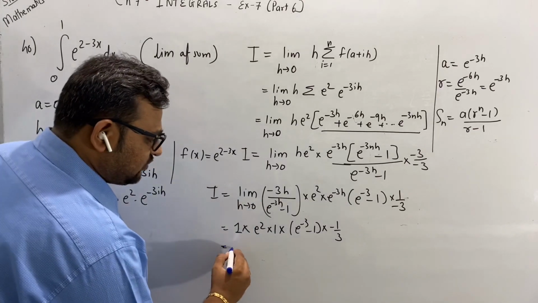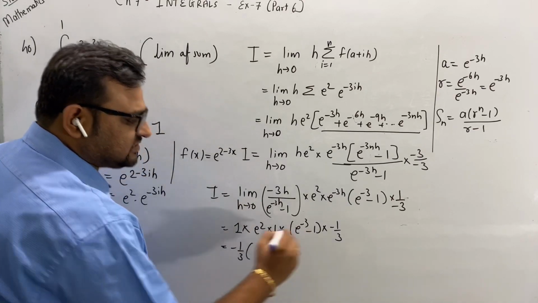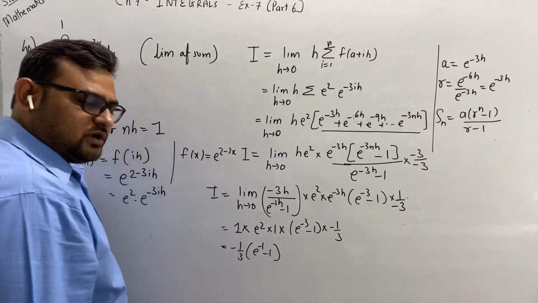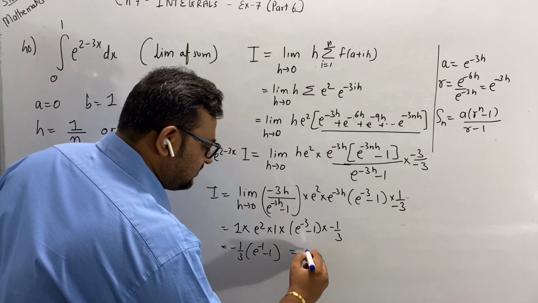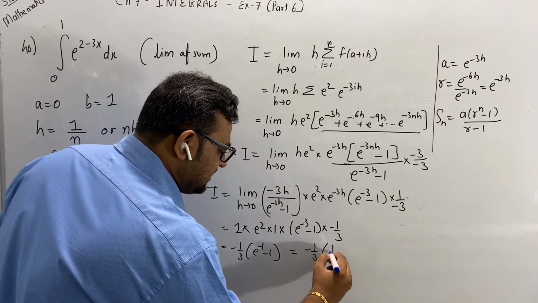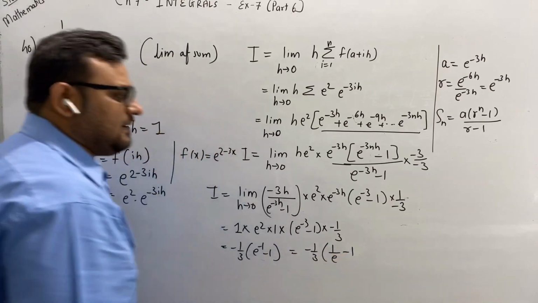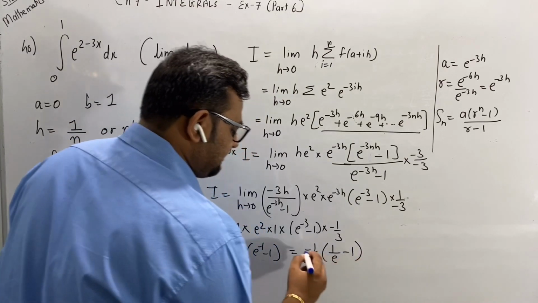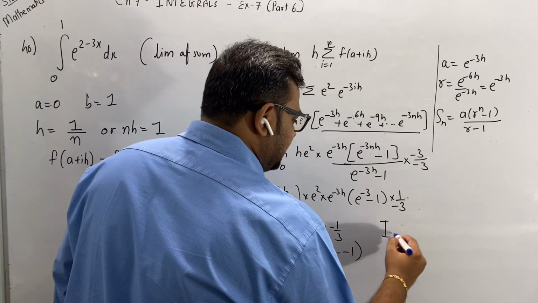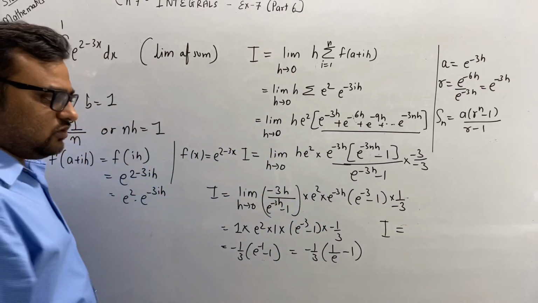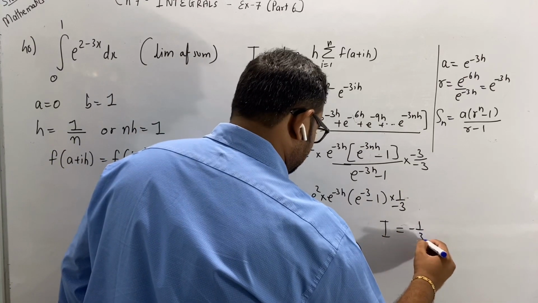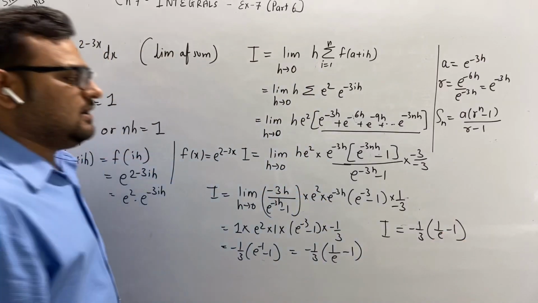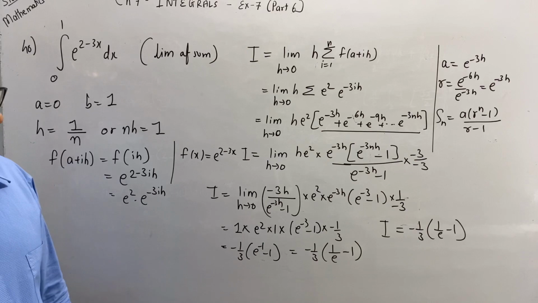So this will be equal to minus 1 by 3, e squared into e raised to minus 3 minus 1, which is minus 1 by 3, 1 by e minus 1. So I is equal to minus 1 by 3, 1 upon e minus 1.